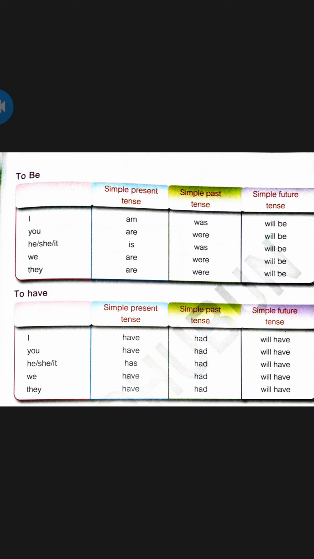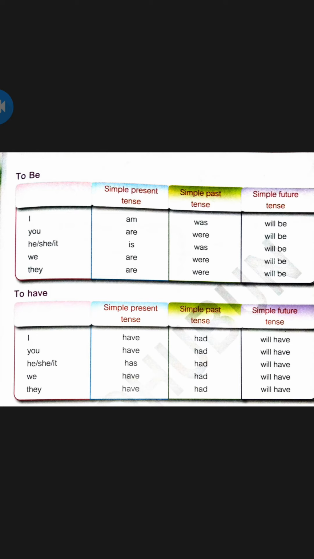Of to have we have, with I we will use have in simple present tense, had in simple past tense, and will have in simple future tense. With you, have in simple present tense, had in simple past tense, and will have in simple future tense.